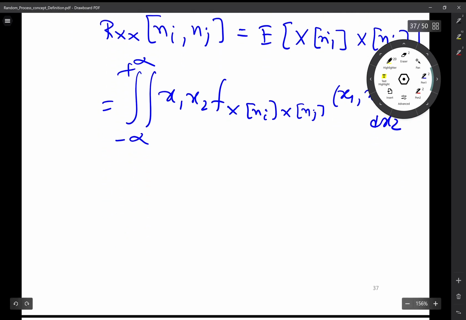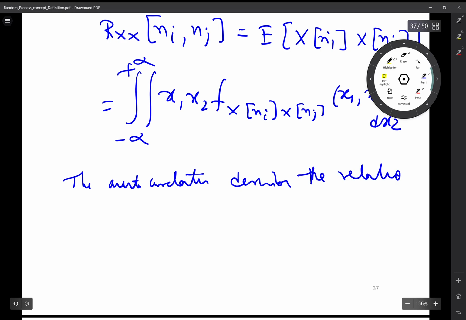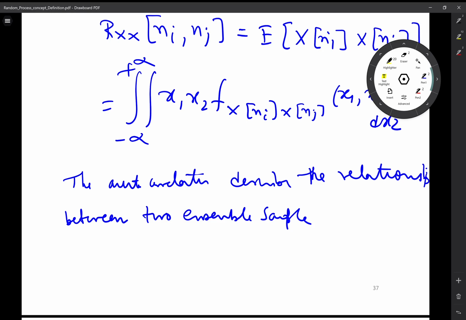So obviously the autocorrelation describes the relationship between two ensemble samples.